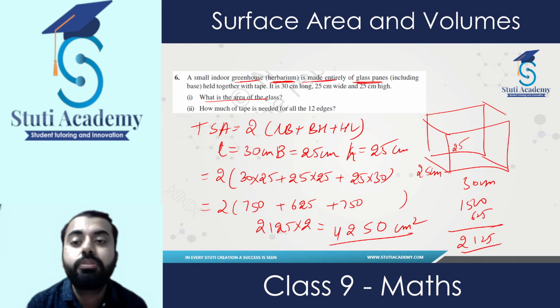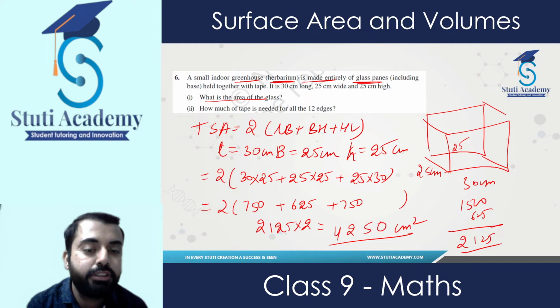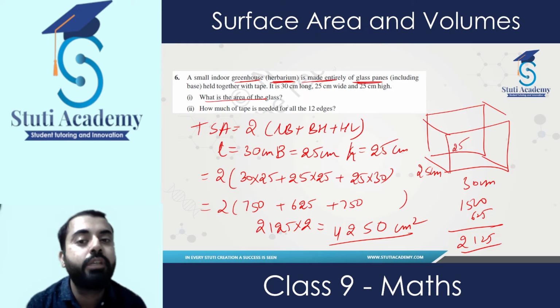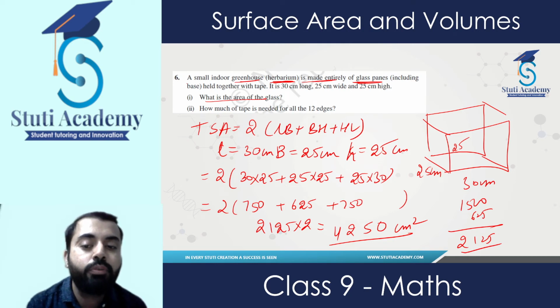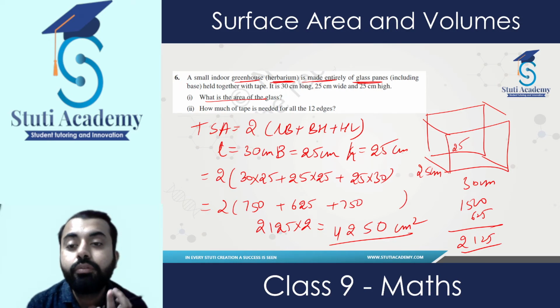Each face was made up of glass. If its dimensions were 30 by 25 by 25, the area of the first face, that means my top face, will be 30 into 25. My left face, let's say 25 into 25. My front face will be 25 into 30. So solve each and everything. You will be getting 2125 into 2, a total of 4250.